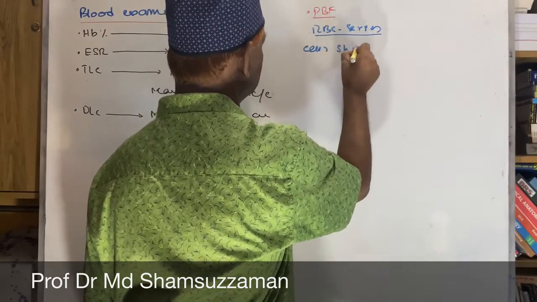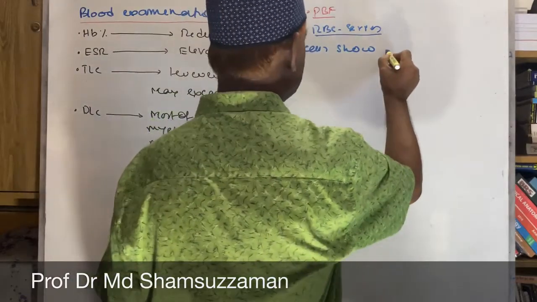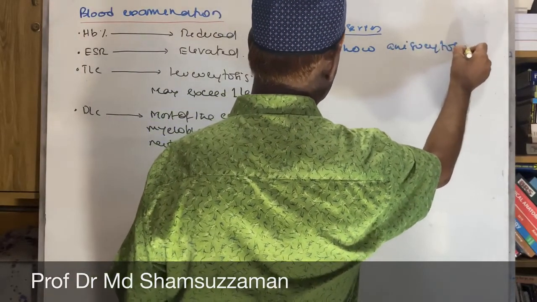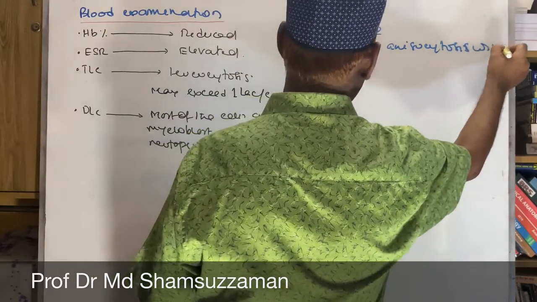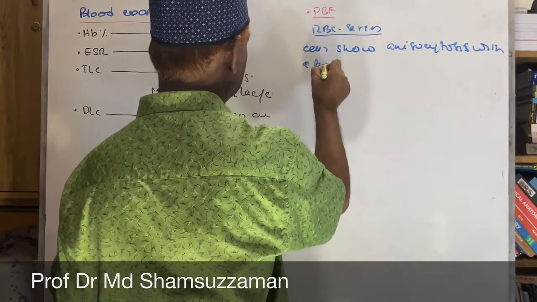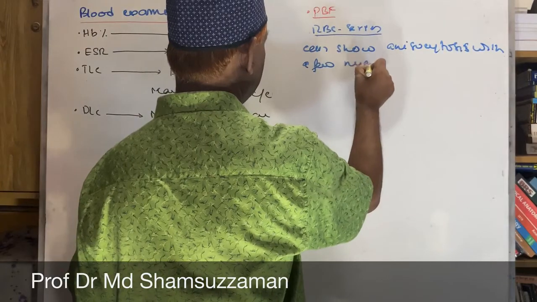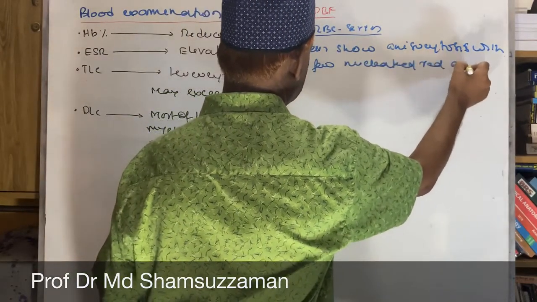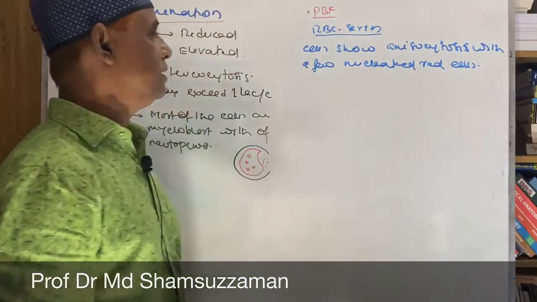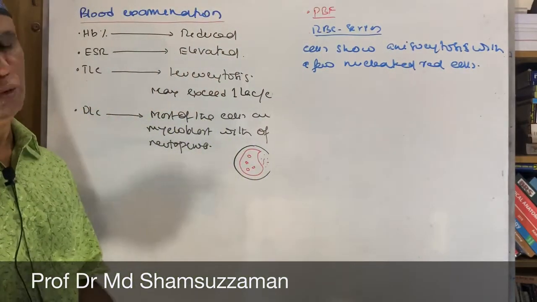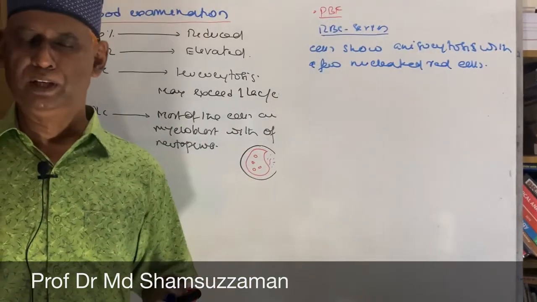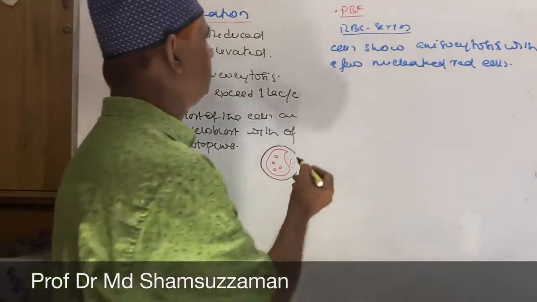Cells show anisocytosis with a few nucleated red cells. Why nucleated red cells in acute myeloblastic leukemia? The explanation that I have given in case of acute lymphoblastic leukemia is the same.